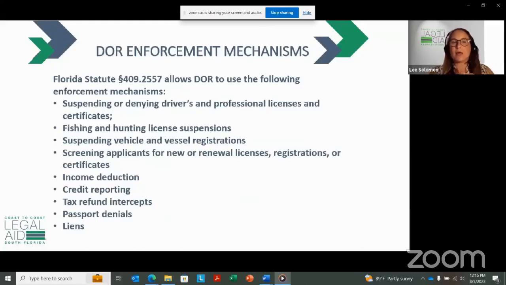Florida Statute Section 409.2557 allows for the Department of Revenue to use the following enforcement mechanisms: suspending or denying drivers and professional licenses and certificates, fishing and hunting license suspensions, suspending vehicle and vessel registrations, screening applicants for new or renewal licenses, registrations, or certificates, income deduction orders, credit reporting, tax refund intercepts, passport denials, and liens. They have a wide variety of ways of trying to get that support to the parent who's in need.